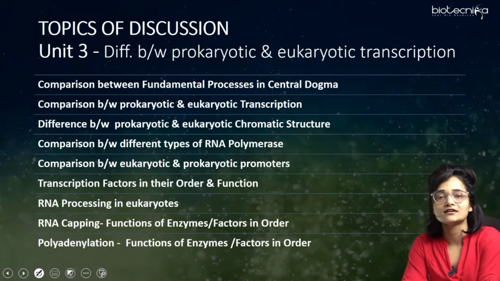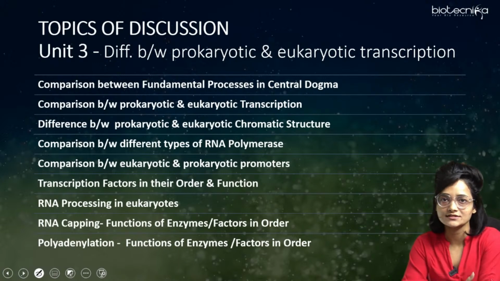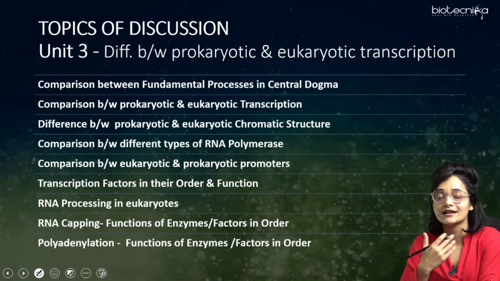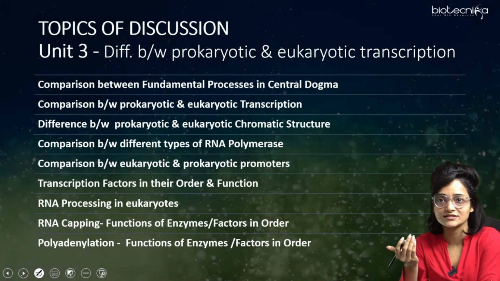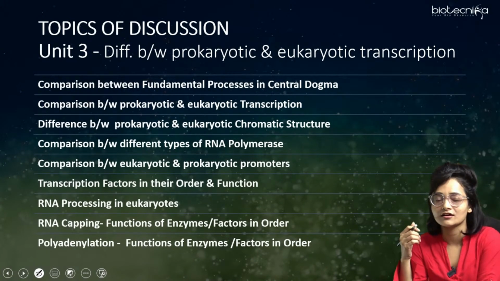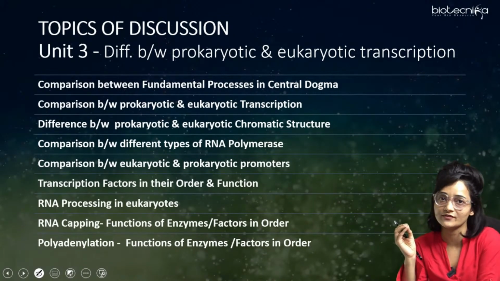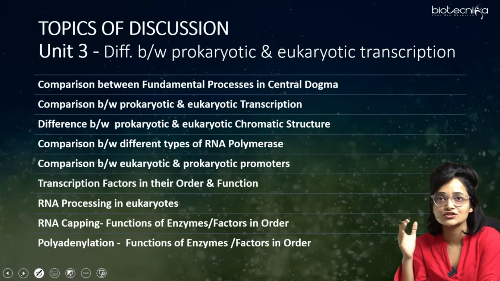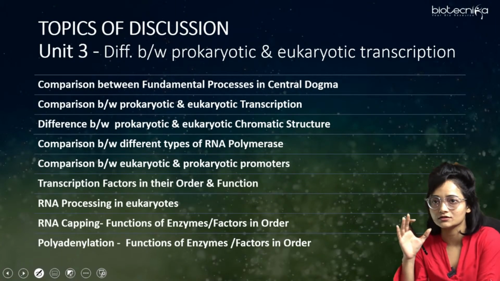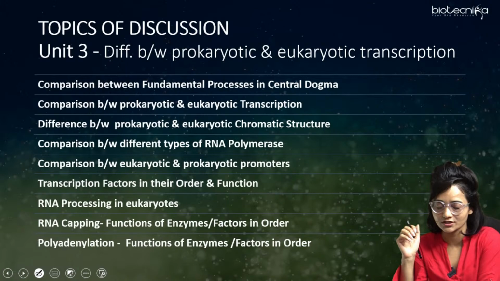All these comparisons and explanations we'll do with the help of Conceptica tools, concept tables and concept wheels. These are very helpful, and they'll help you remember these comparisons and the order in which the events take place. These revision tools will be very helpful for all of you. So this is the major content of the discussion for this session.